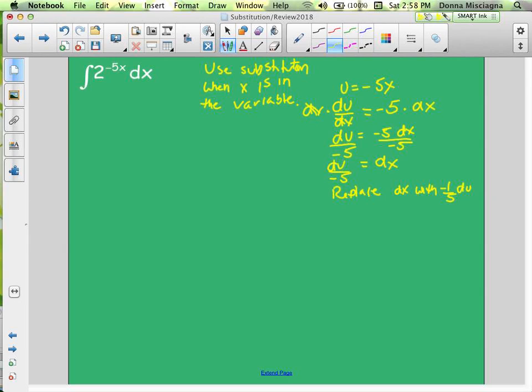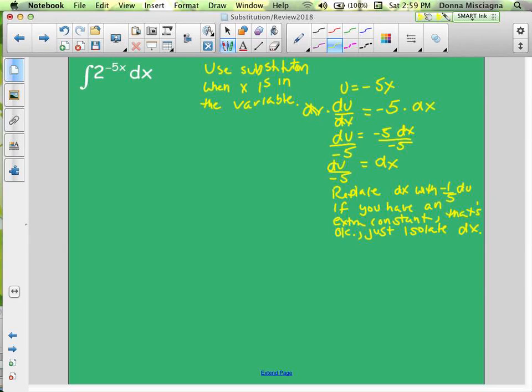So if you have an extra constant, that's okay. Just isolate the dx part.